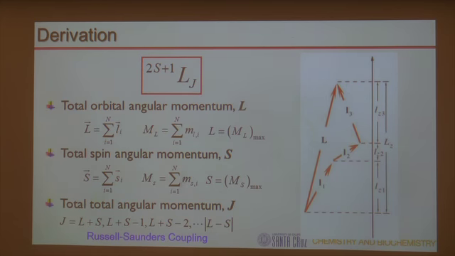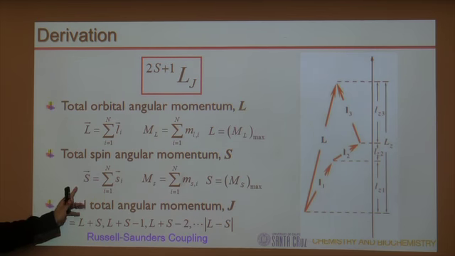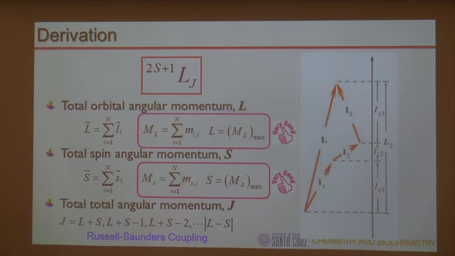Have we talked about the direction of each orbital angular momentum? No. So how can you do the vector sum? Of course you do the scalar sum. You know the ML for each one, you simply sum them together, and that gives you the total M. You find the maximum M for that configuration, and that gives you the L for that group.